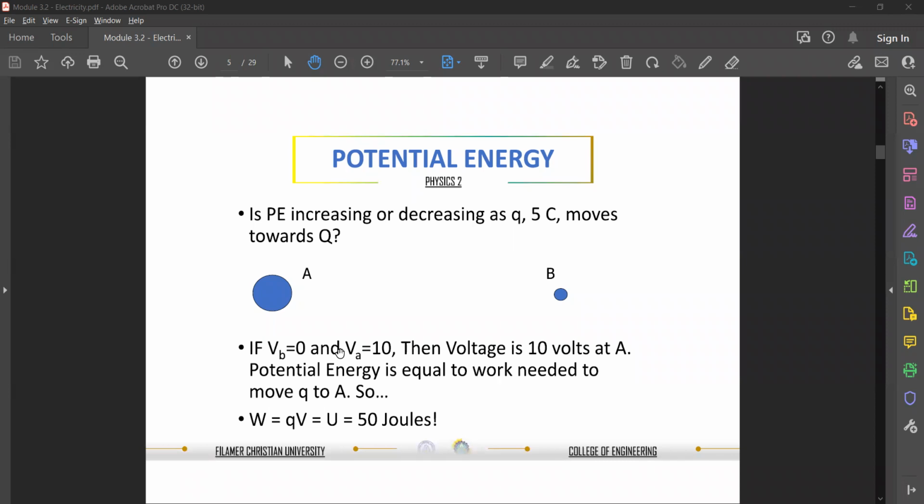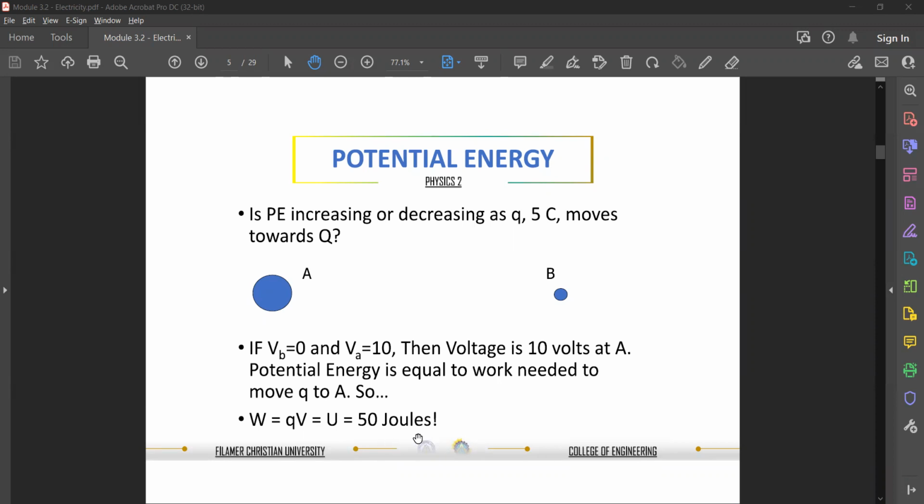If the voltage at B, the potential, is 0, and the voltage at A is 10, then the voltage is 10 volts at A. The potential energy is equal to the work needed to move Q to A, which is the product of charge times voltage, or 50 joules.